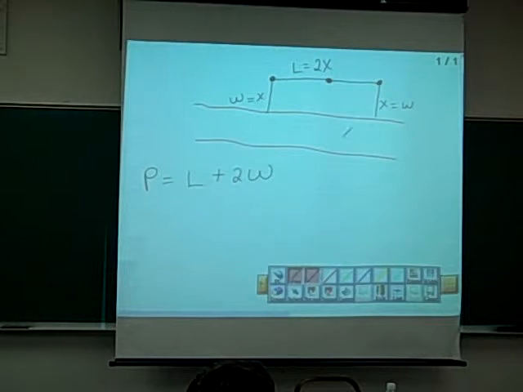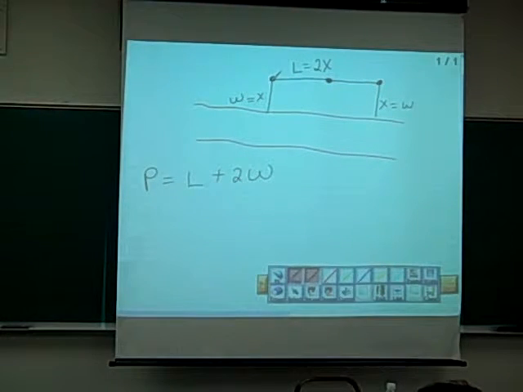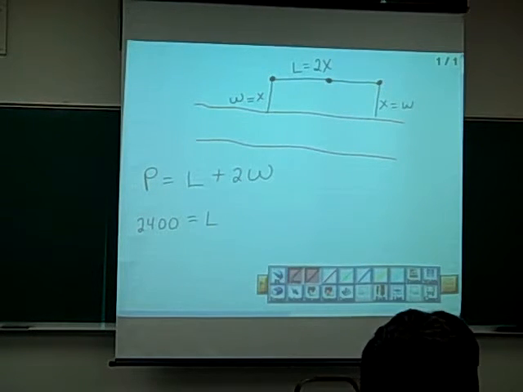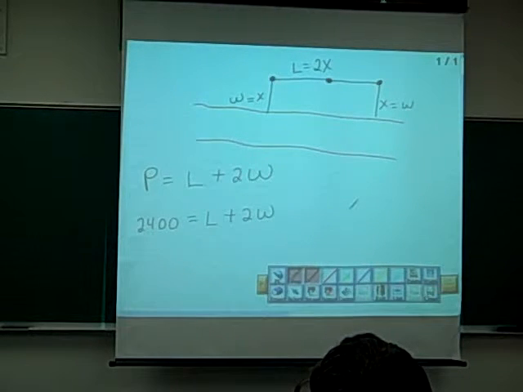Alright. Okay, so let's look at this again. We've got width, right, is x and x. And we have length, right? So we can say that perimeter, we said, was 2,400, right? Equals the length plus 2 times the width.